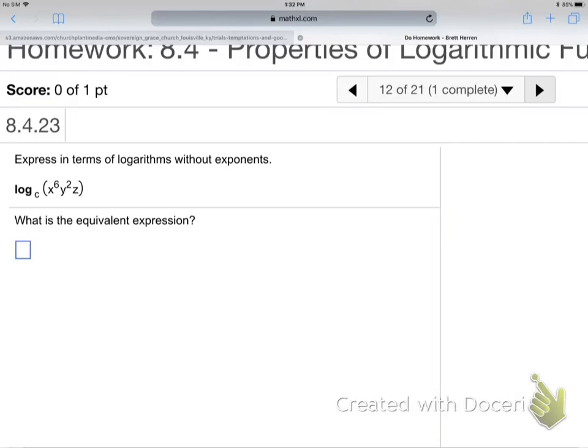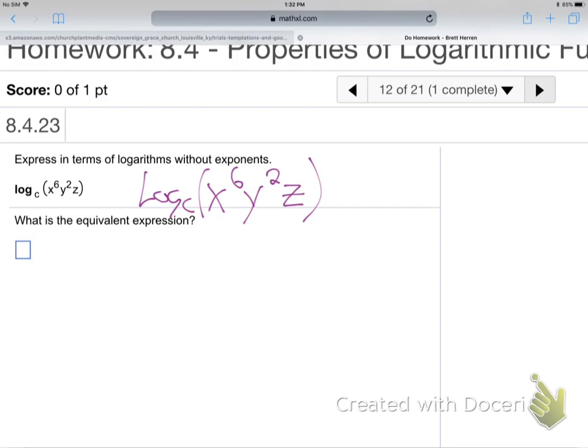All right. So log base C, x to the 6th, y squared z. They basically want me to break this thing all apart into different logarithms. So we have 3 letters. The properties I gave you on the sideboard over there are for going to 2 logs, but it's the same thing if you go to 3.